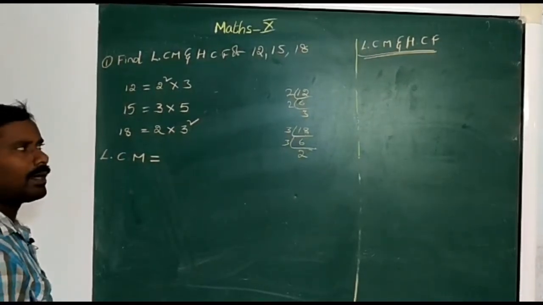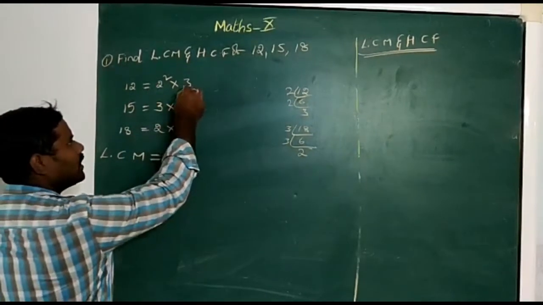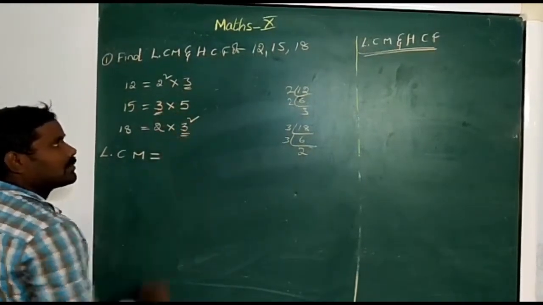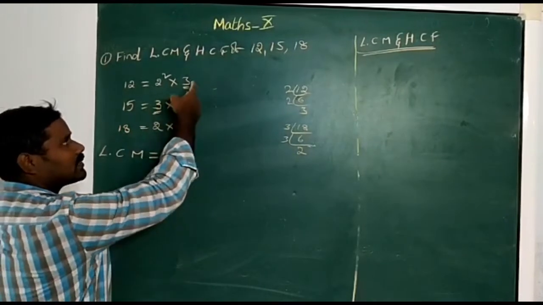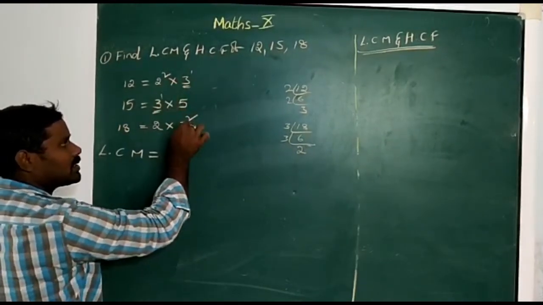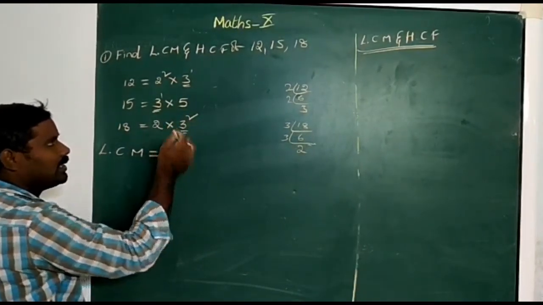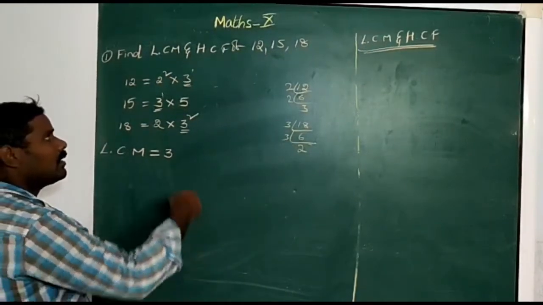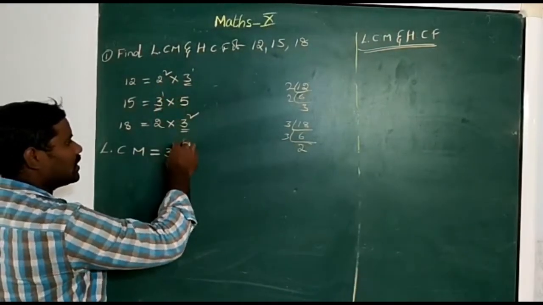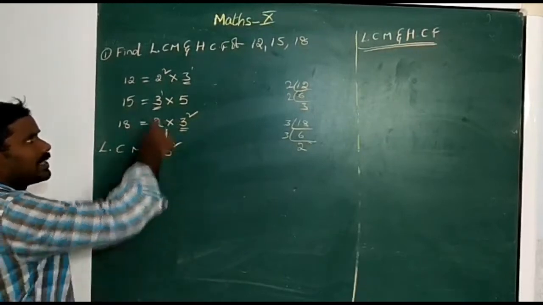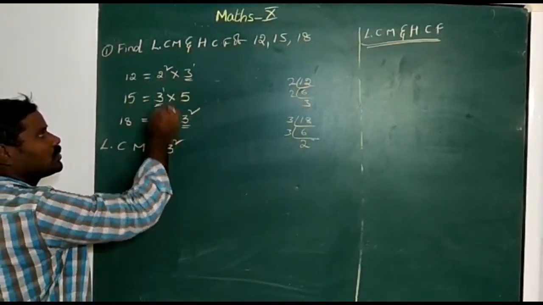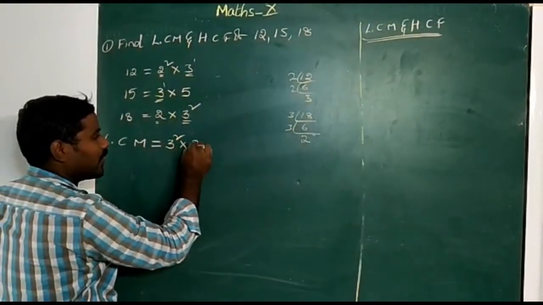LCM, the least common multiple. If you observe here, 3 is the common one. What is the least power? 3 power 1, 3 power 1, 3 square. Here 3 power 1 is the least power. Now next, 3 square, and next 2 square and 2. Now you can take 2 square.